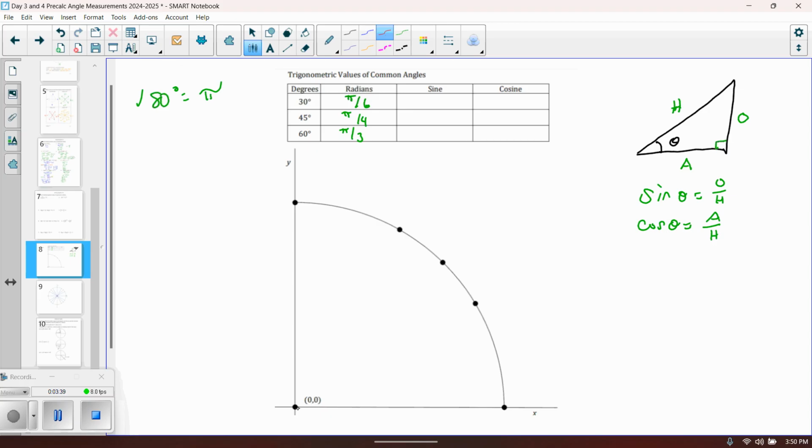All right, so let's go ahead and look at why all this stuff works out. If we were to sketch our 30-degree or pi/6 angle, if you have colors, it might be a good idea to use colors for this, because it'll get a little messy if you don't. So I have a distance from 0, 0 out to that point on the graph, and that point is created by an angle of 30 degrees or pi/6.